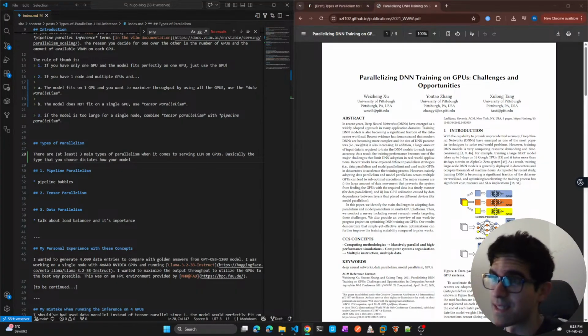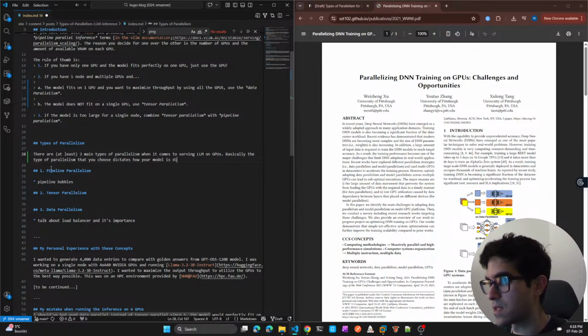The type that you choose dictates how your model is distributed among your GPUs.